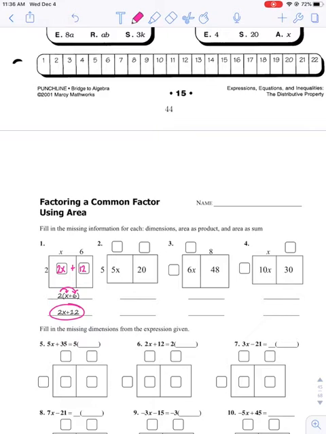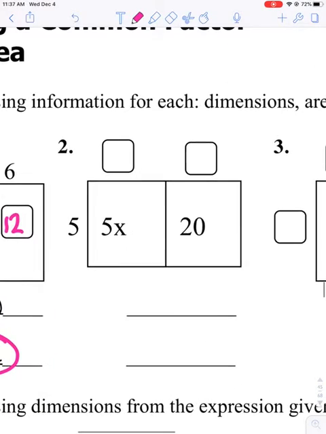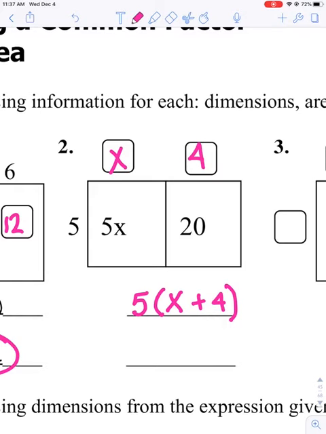All right, hopefully you've completed those. I'm just going to, for example, give you the answers to number 2, and hopefully that'll give you an idea of if you've done these correctly. So on number 2, I'd put x and 4 at the top. That would help me get the 2 different areas when I multiply them by 5. And then my expressions at the bottom would be 5 times parentheses x plus 4. That represents the length times the width.